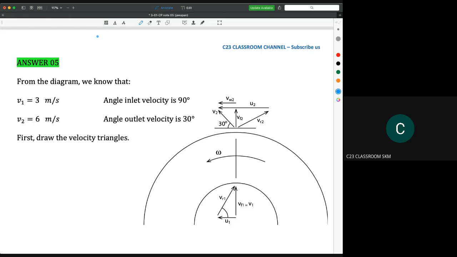As I said, if the actual velocity goes straight like this, we could assume that the whirl velocity is neglected. So we could draw our velocity triangle like this one. And then at the outlet, this is the actual velocity at outlet, so we could draw the velocity triangle like this one.